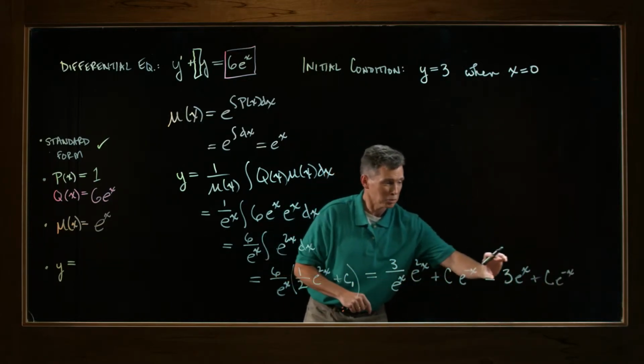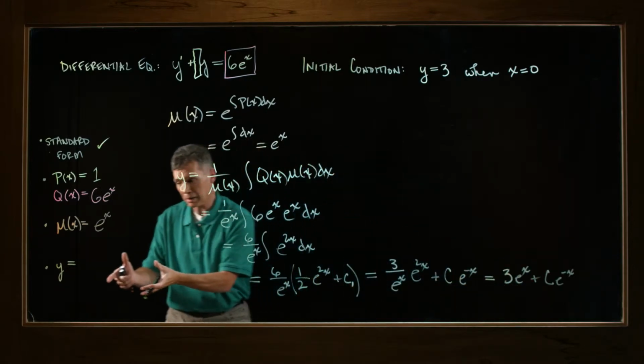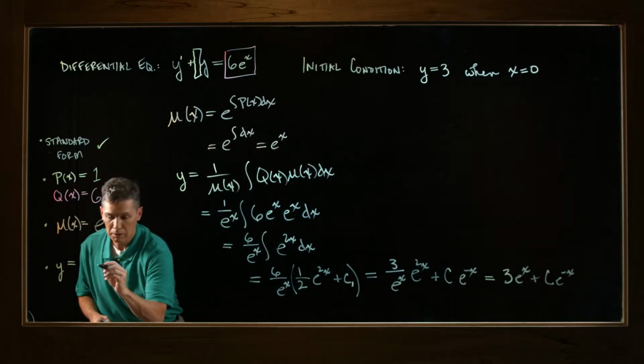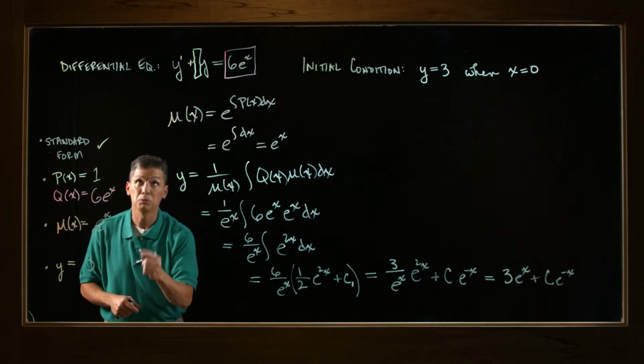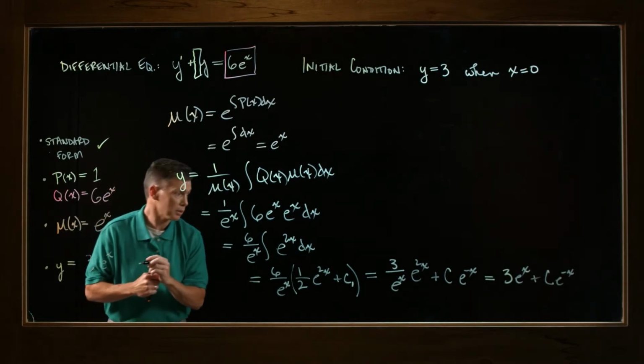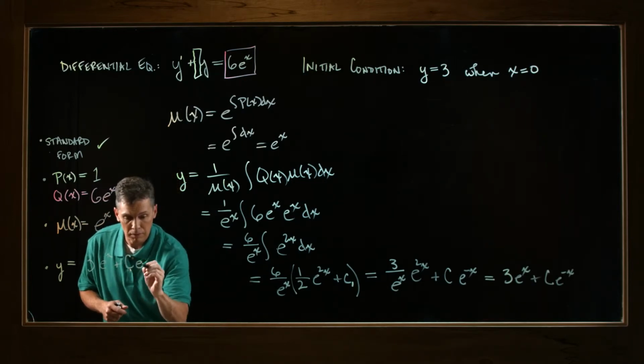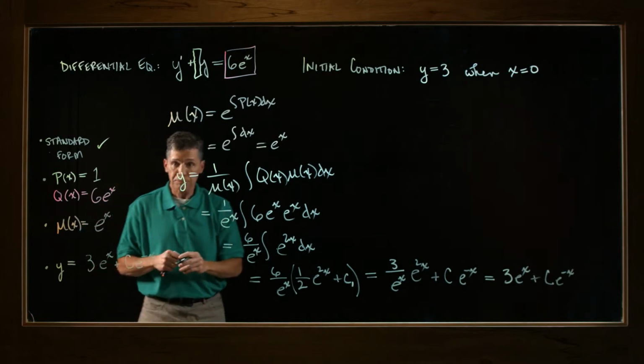So I kind of ran for a while there that way, but I have my expression now for y that I want to bring back here and write as my general solution to this equation: 3e to the x plus c e to the minus x.